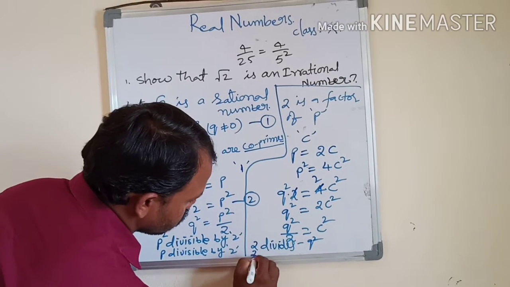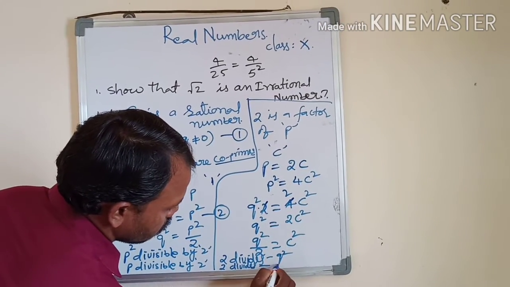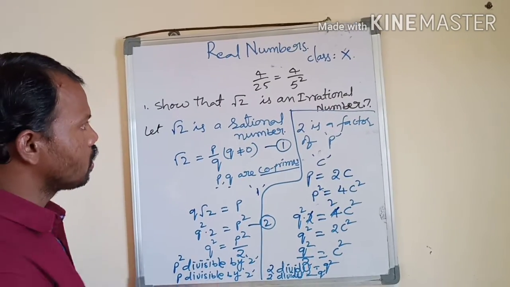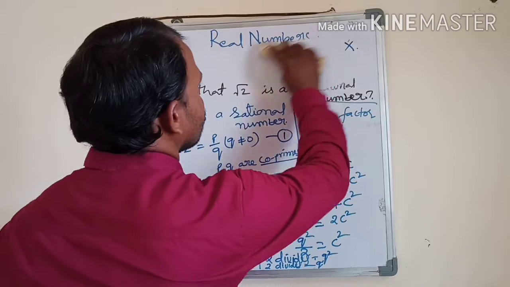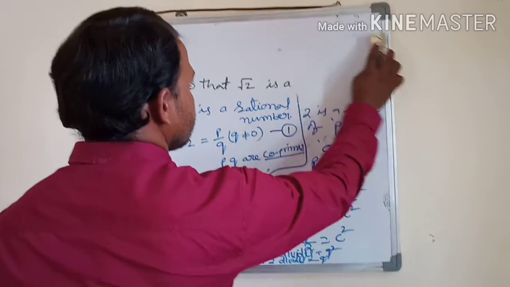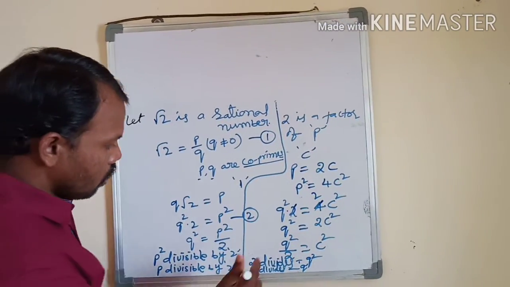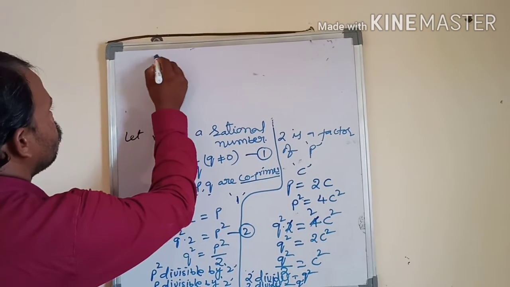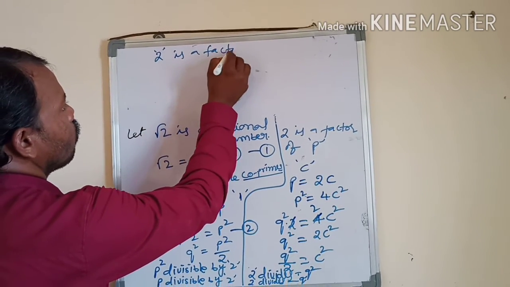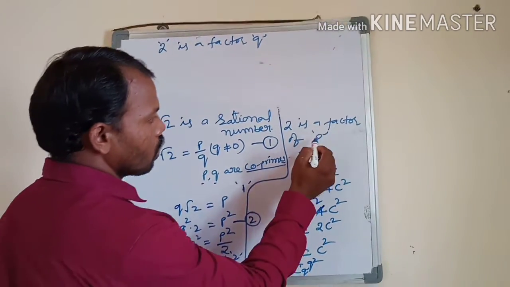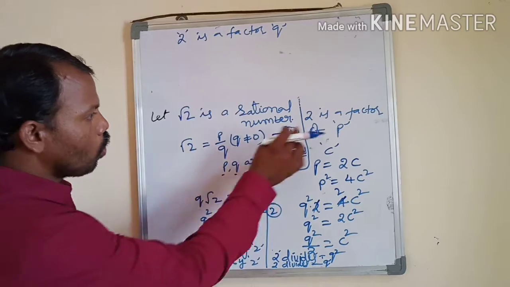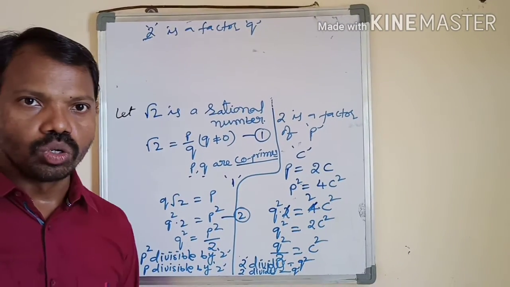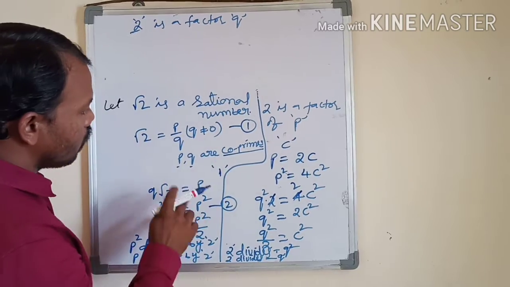Then 2 divides Q. If 2 divides Q square, then 2 divides Q, as we already discussed previously. So 2 divides Q square, and 2 divides Q means 2 is a factor of Q. So already 2 is a factor of P and 2 is also a factor of Q. Both have a common factor: P and Q have a common factor, that is 2. So 2 is a common factor other than 1.